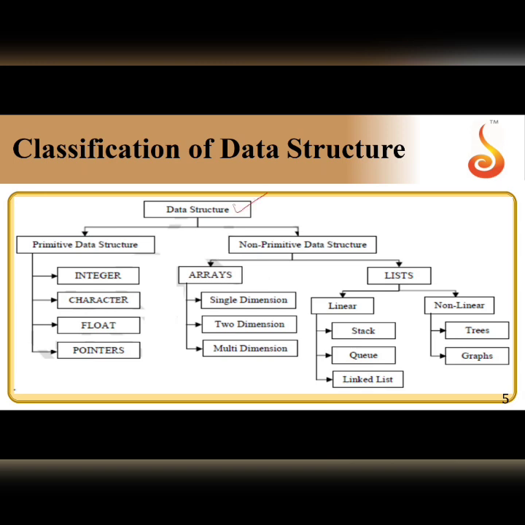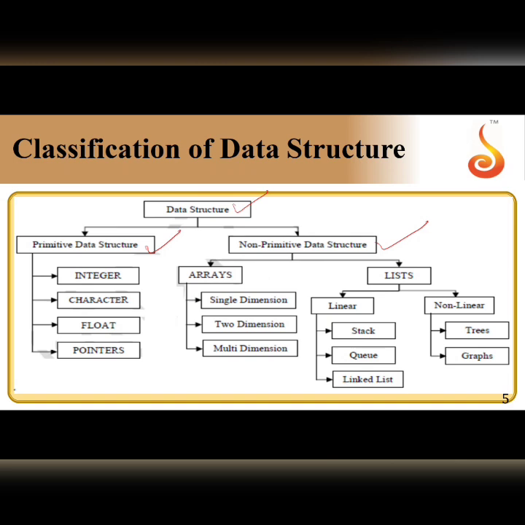Data structures are classified into primitive and non-primitive data structures. So primitive, you have int, char, float, pointer, long, double. All this comes under primitive data structures, which can be directly operated at the machine level.